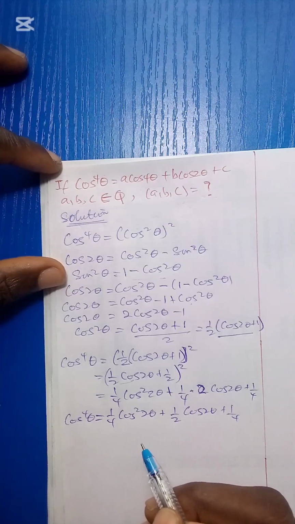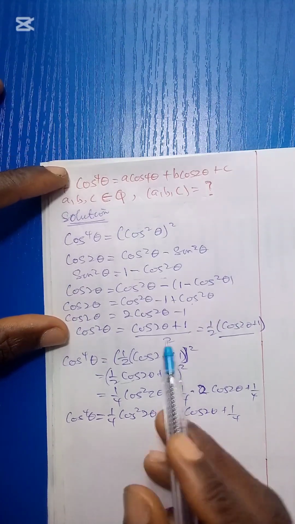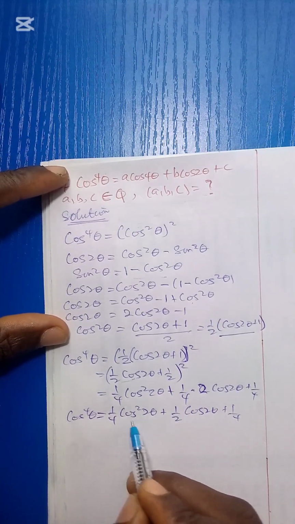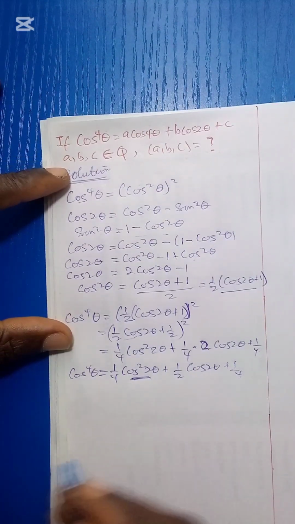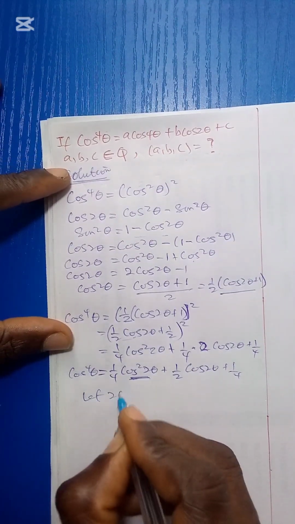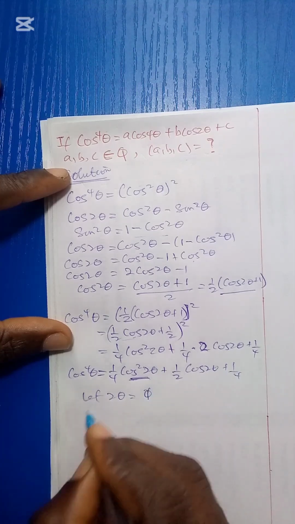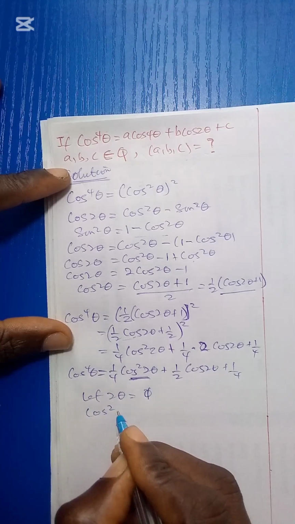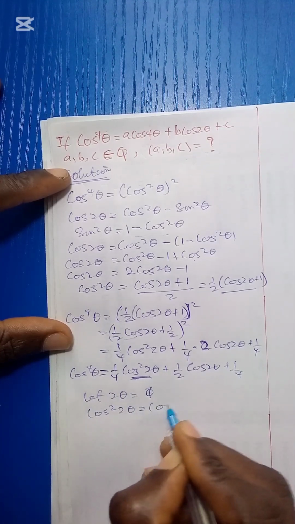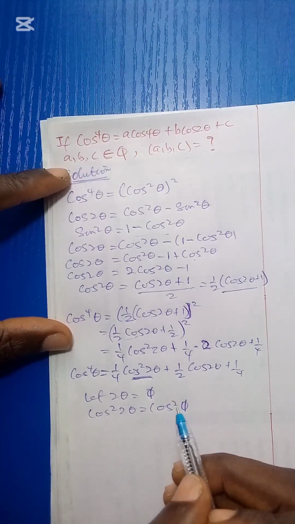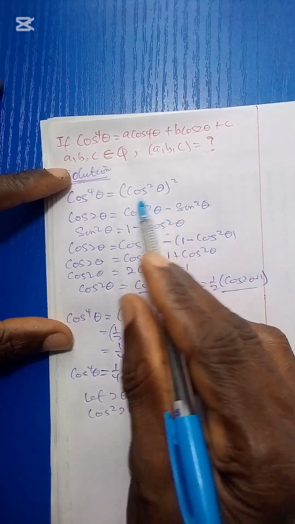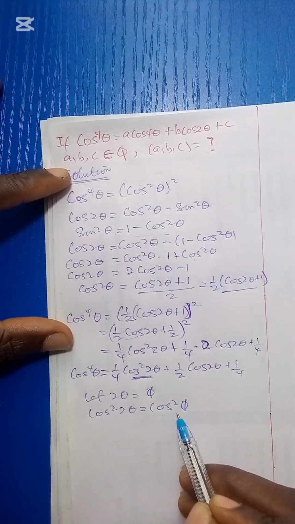Now I was saying I encountered a problem at the beginning of this video. That problem is this part. But how did I solve that problem? I can let 2 theta equal phi. So cos squared 2 theta is now cos squared phi. Now whatever we did to this part, we can also do to this part.